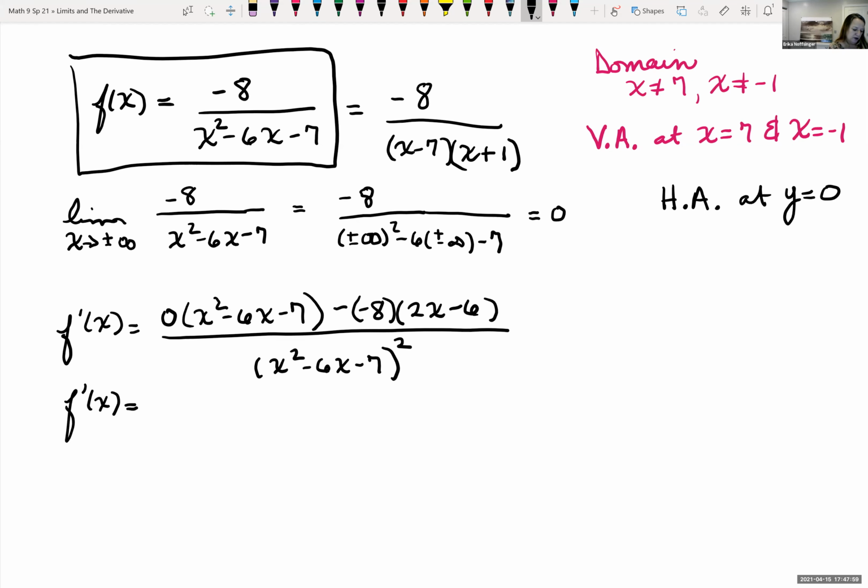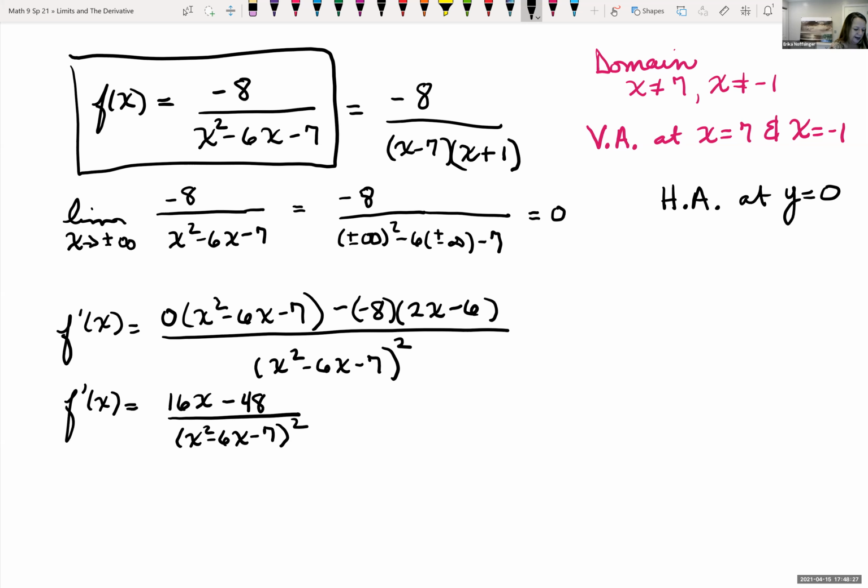So let's distribute this +8 to the 2x minus 6. So that would give us 16x minus 8 times 6 is 48, minus 48, all over x squared minus 6x minus 7 quantity squared.